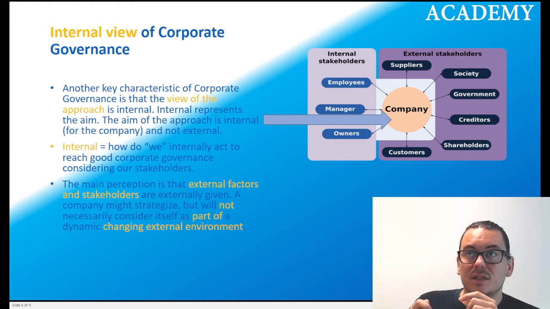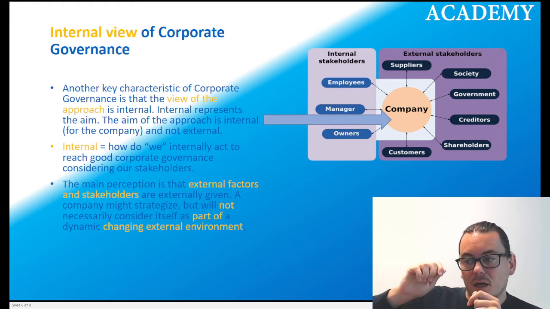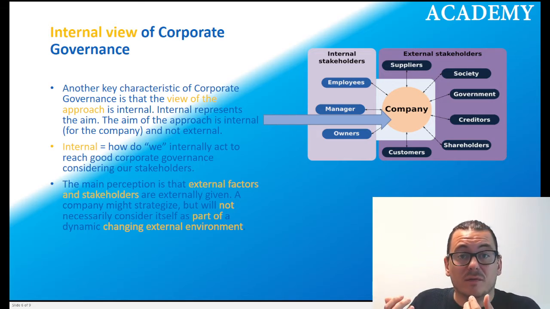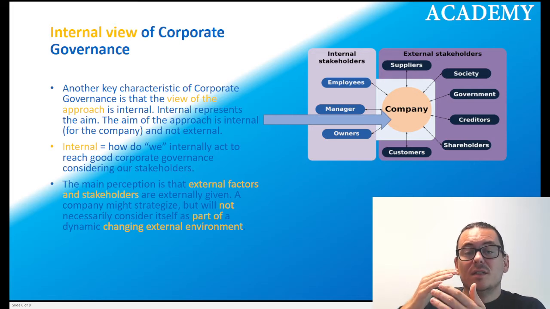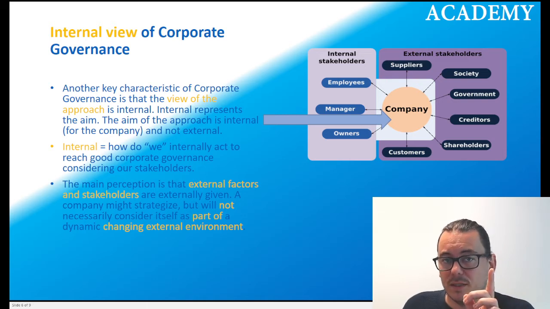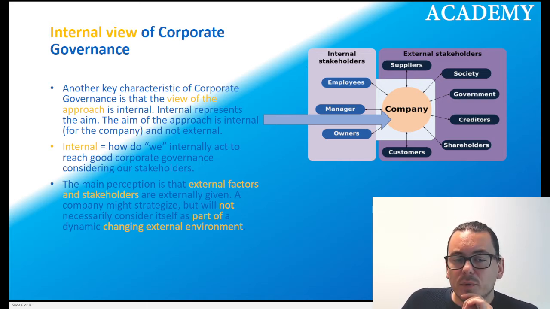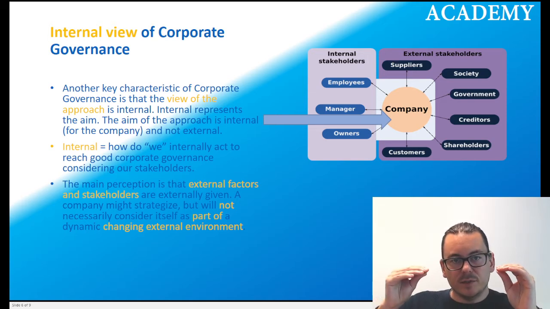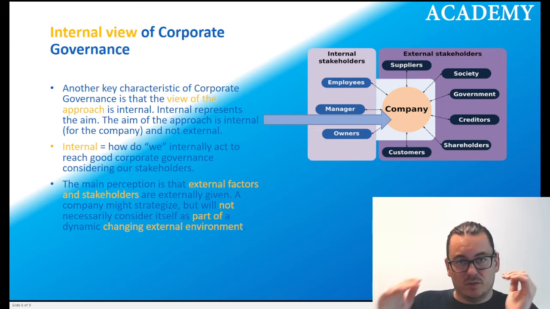So it doesn't consider itself as something that might pollute, in the context that it doesn't consider itself as a problem of the external environment. It might make more sense later on, but it's very important to understand this differentiation between internal view and external view.